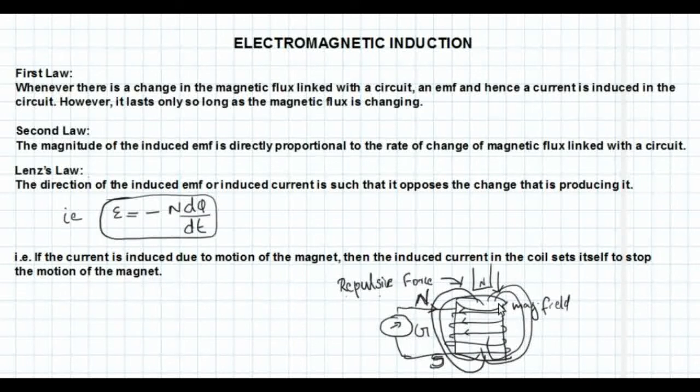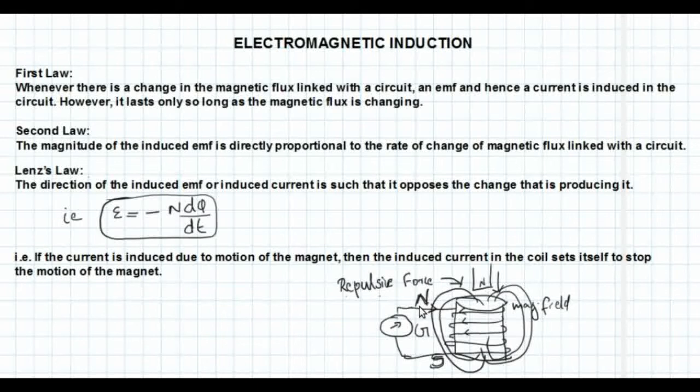Okay. So when the bar magnet is being inserted into the coil, there is an induced current. That induced current in turn produces a magnetic field, and that magnetic field will stop the motion of the magnet. So if that magnetic field has to stop the motion of this bar magnet, then the top end of the coil should be north pole, right?